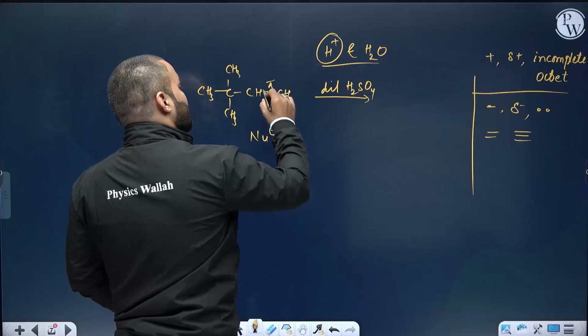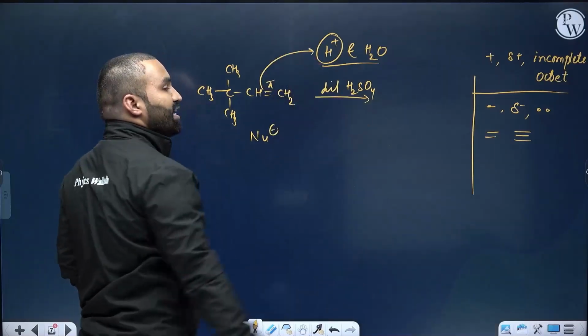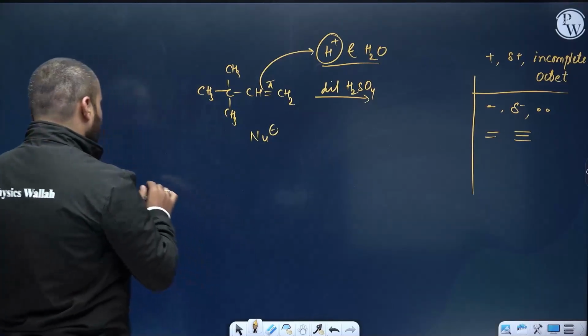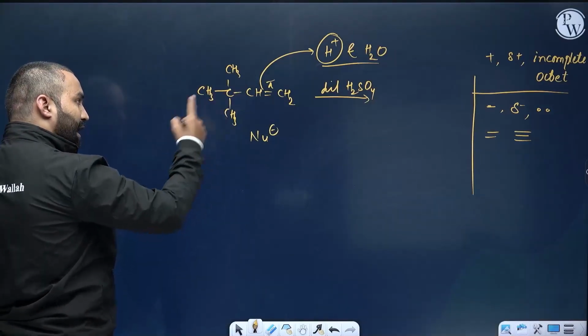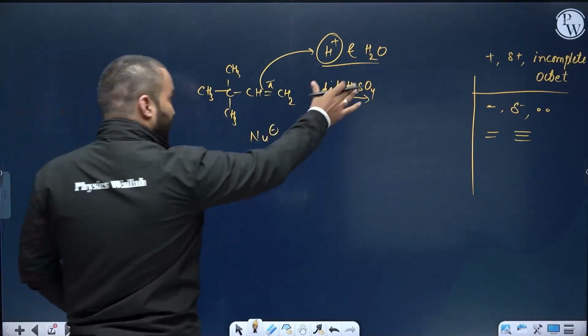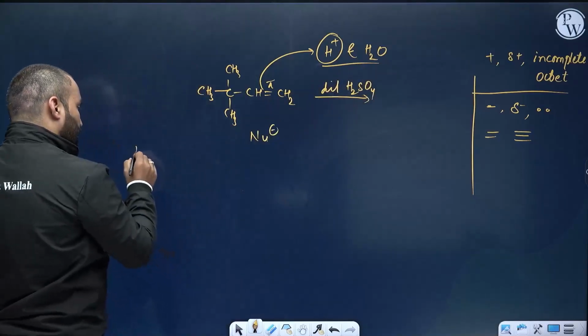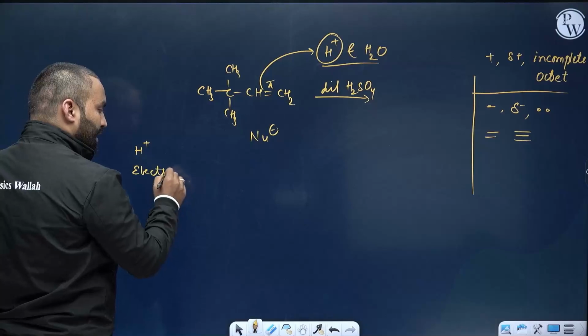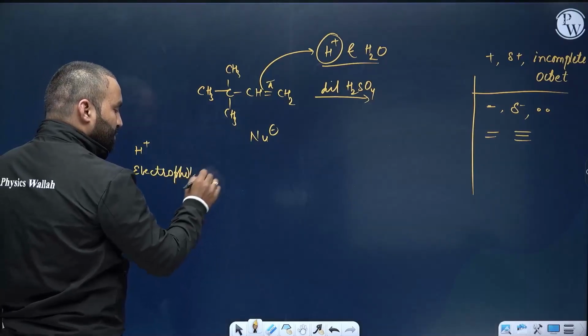Yes. So what is this pi bond going to do? It will attack on H+. So why not water? Yes, that has also happened. First of all, let's try to understand why and how this reaction is happening. When I take a mixture of H+ and H2O, first H+ is the electrophile. If you understand this reaction, the entire chemistry will be understood to you. That's my word to you.